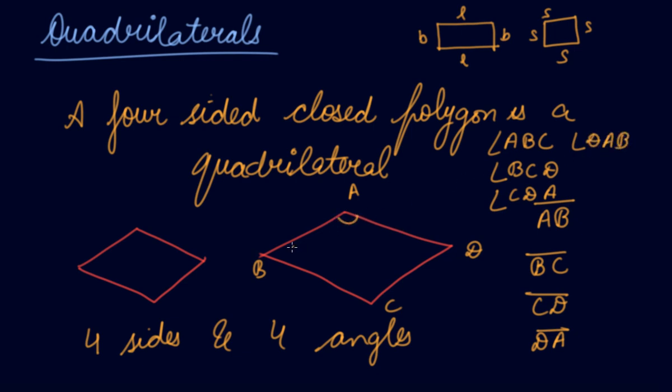See, A, B, C, D are the angles in this. Now, angle A means DAB, angle B means ABC, angle C means BCD, two sides in one vertex. In this, four angles and four sides.